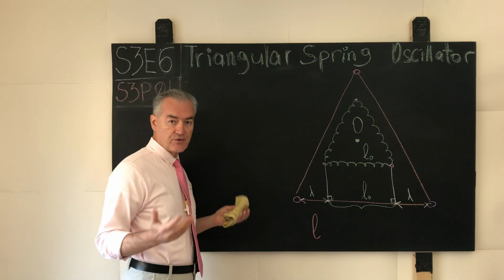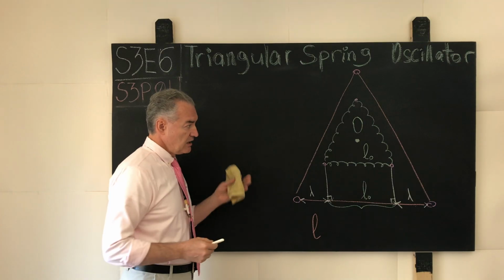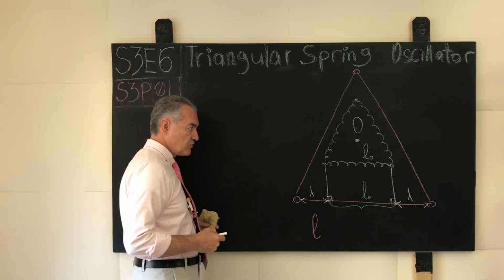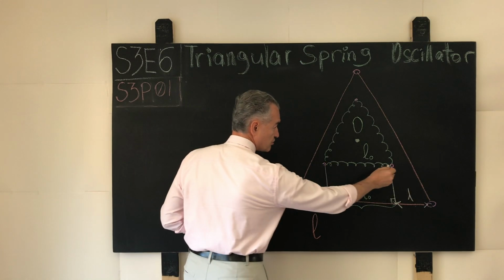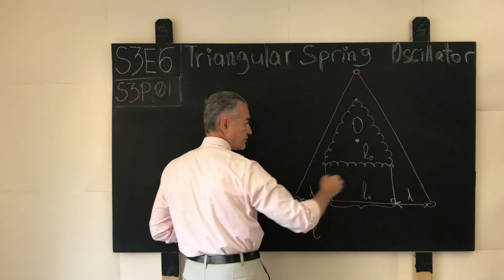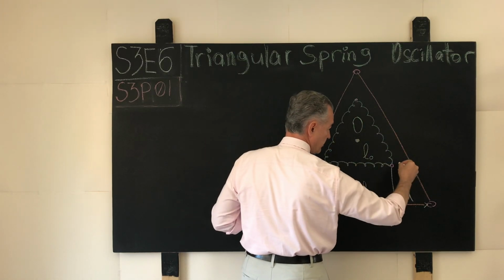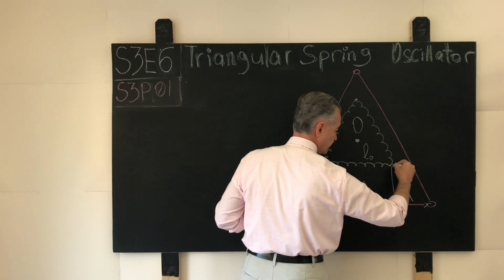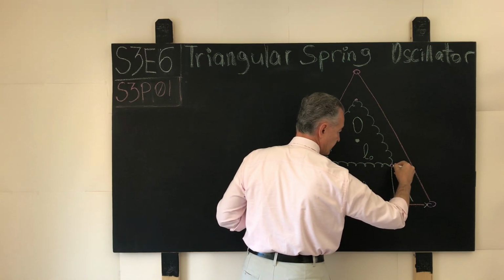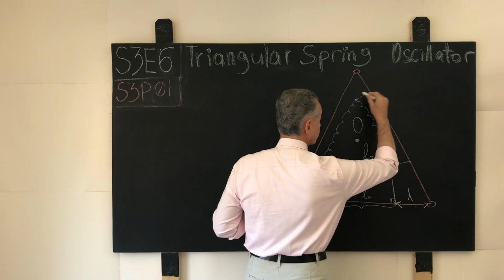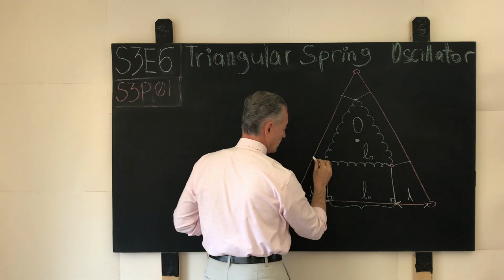Evidently, due to the symmetry, because we're dealing with a regular polygon, with n equal to 3, an equilateral triangle on three vertices, that situation will hold for all the other remaining springs. For example, if we do the same thing for this side, it will look like this, and for this side it will look like that.